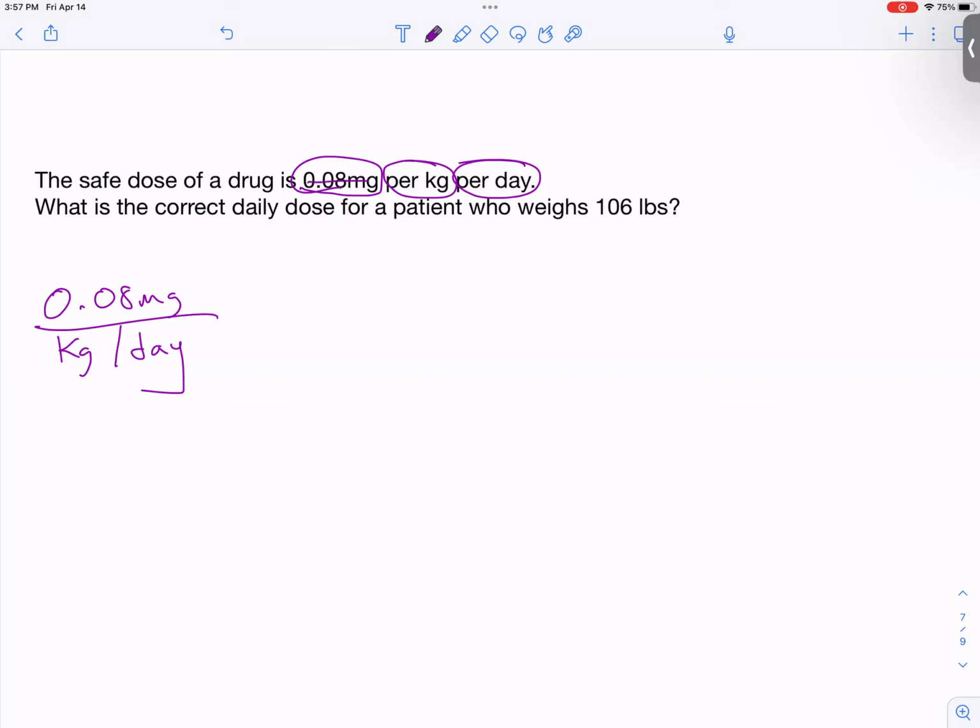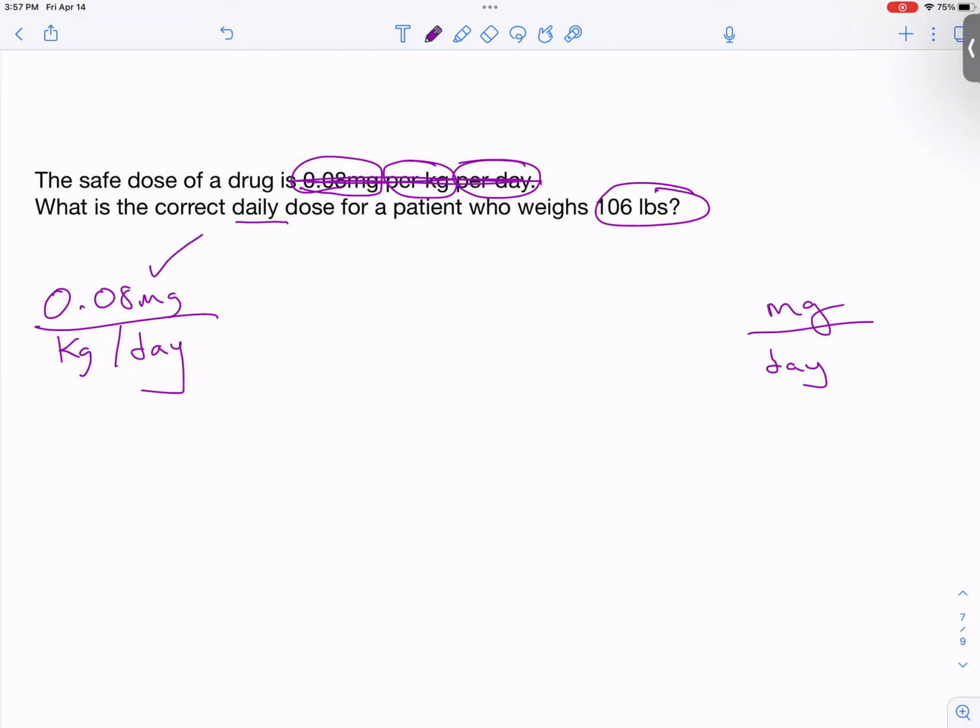There's a weight, and there's no other information in this question. So I'm solving for something per day, and it only comes in one dose, and that's milligrams.